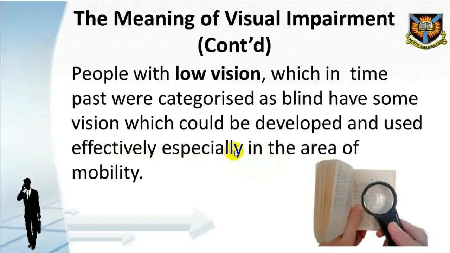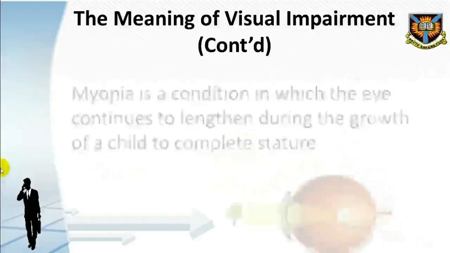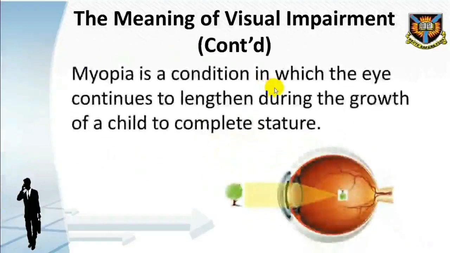Many of them suffer from myopia, short-sightedness, hypermetropia, long-sightedness, and astigmatism, blurred vision. Myopia is a condition in which the eye continues to lengthen during the growth of a child to complete stature.